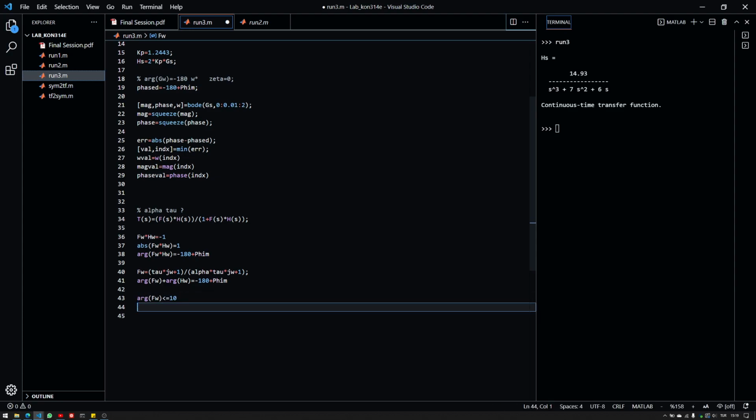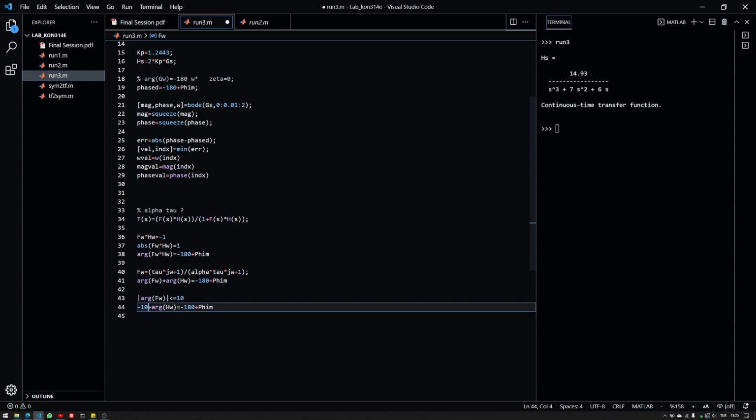Let's say that the absolute value of the argument, because it will be negative, because it's a lag type controller, should be less than 10 degrees. So if I have such an assumption, I might do something like this.